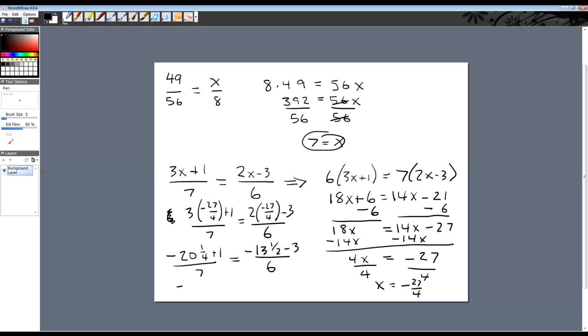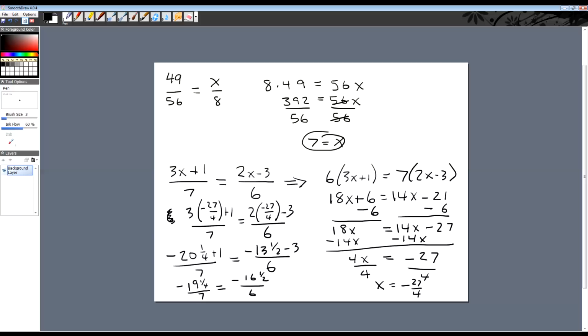That gives negative 19 1/4 over 7. Going to run out of room here. Equals negative 16.5 divided by 6.